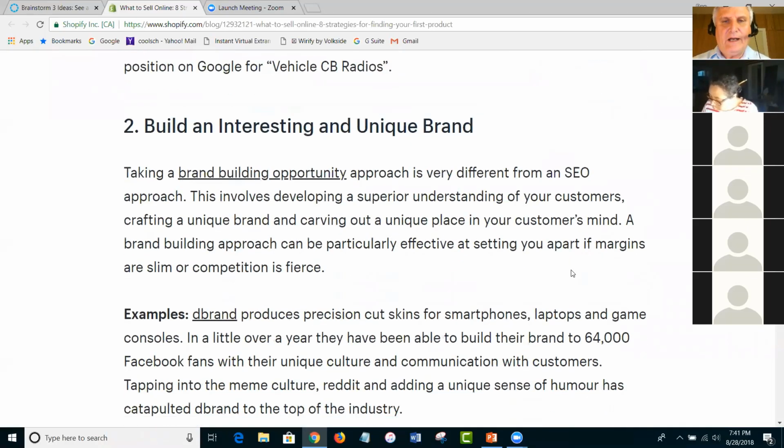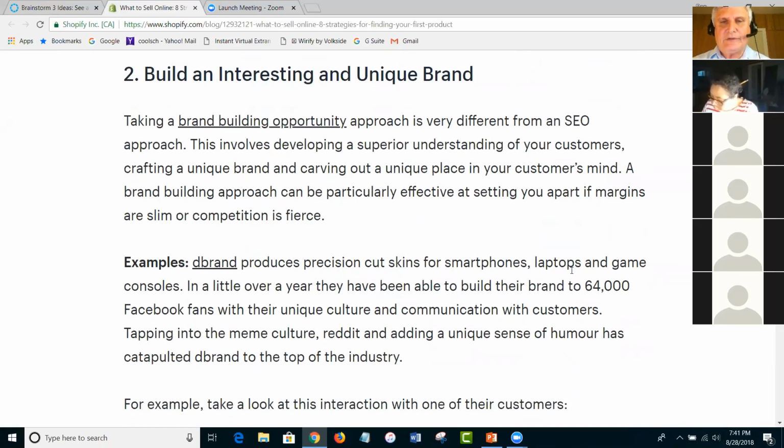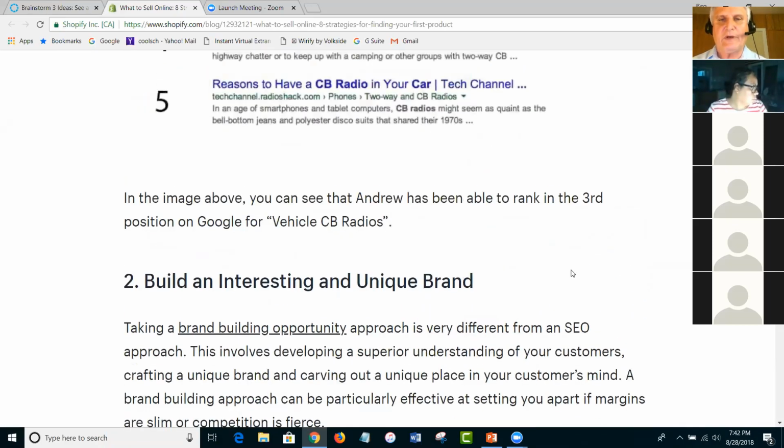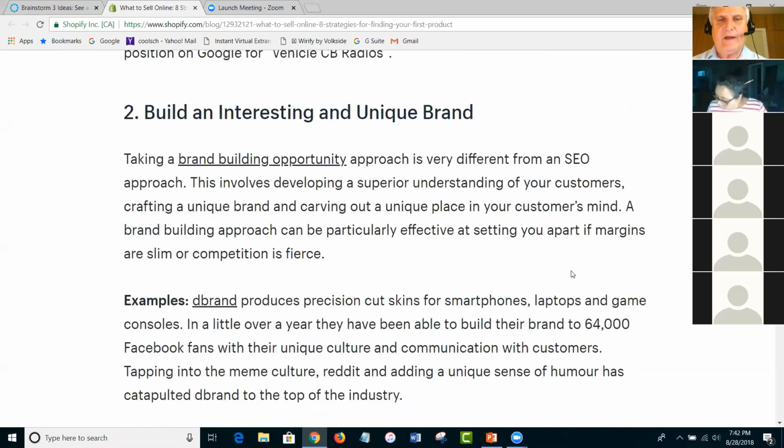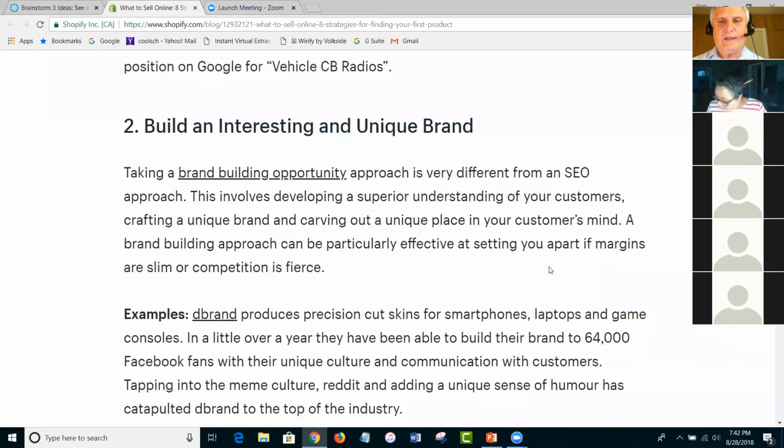And then the next one is to build an interesting and unique brand. It talks about a brand building opportunity, and it's different from an SEO approach. The first one is more of a search engine optimization approach, SEO. And then brand building involves your understanding of your customers.